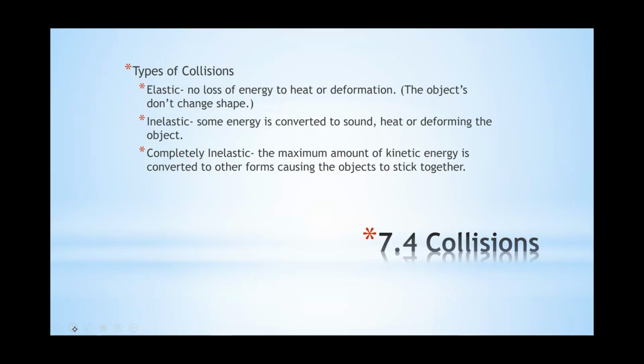That's essentially an elastic collision. In an inelastic collision, some of our energy is converted to sound or heat, or to changing the shape of the object. In a completely inelastic collision, we see that kinetic energy being converted to sound, heat, or changing the shape of the object, specifically the fact that our objects are sticking together.